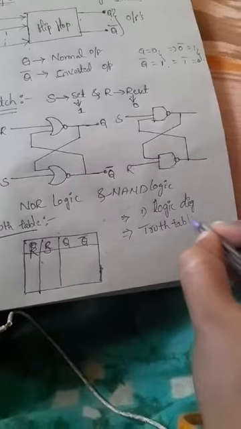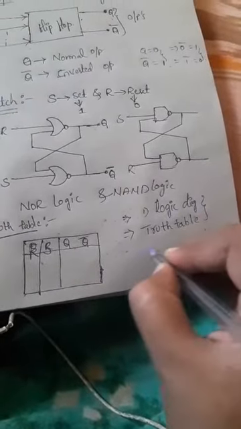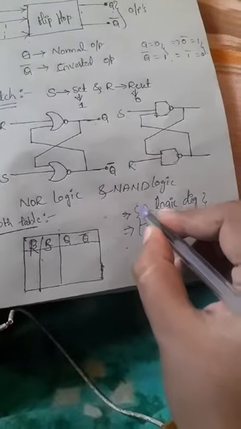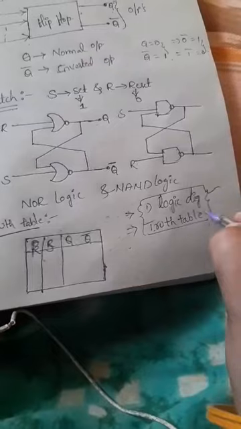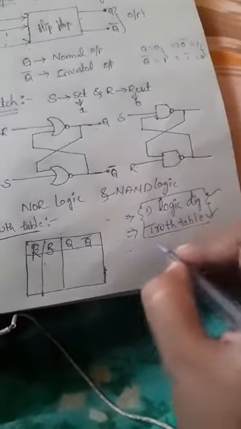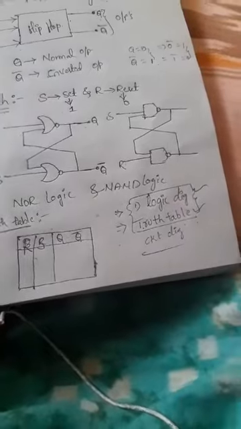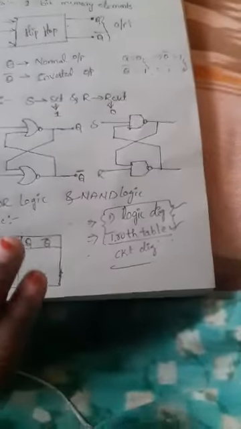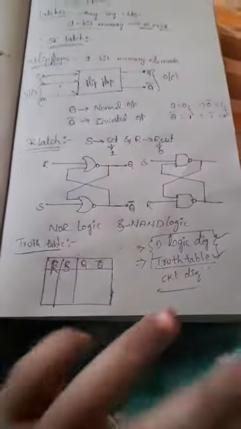These are the important things while designing sequential circuits: one is the logic diagram and the other is the truth table or circuit diagram, and for circuit operation we should follow these rules. Here also, while designing flip-flops, we should follow these rules.